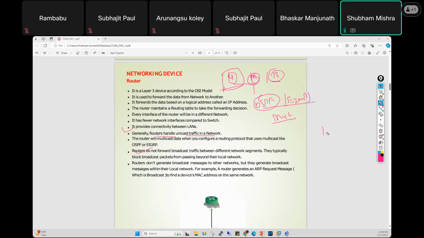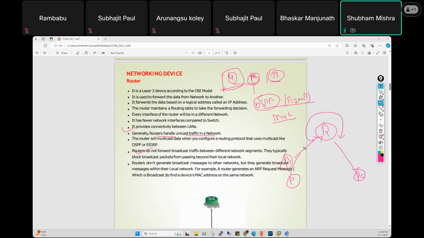for example, this is the router, and this is the PC. If this PC sends any broadcast packet, the packet will reach the router. There is a rule: router never forwards the broadcast packet from one network to another network. Getting my point? Again, there is a rule.